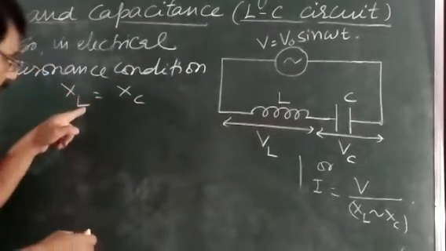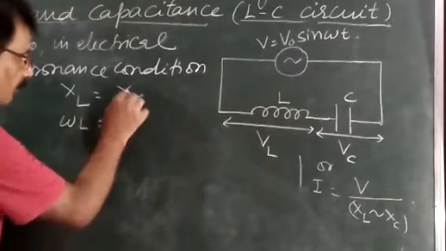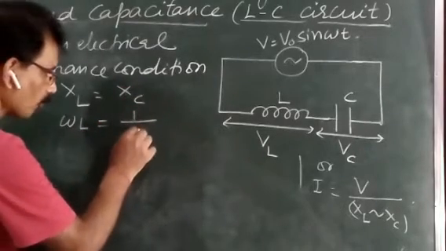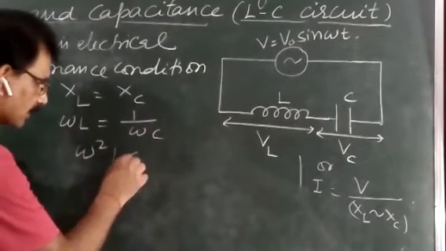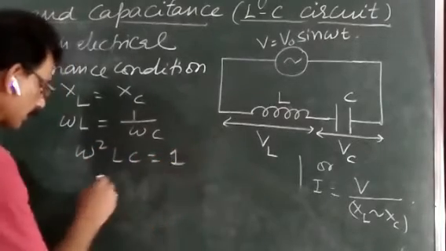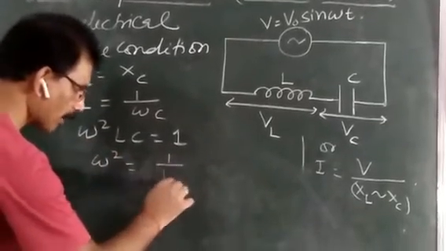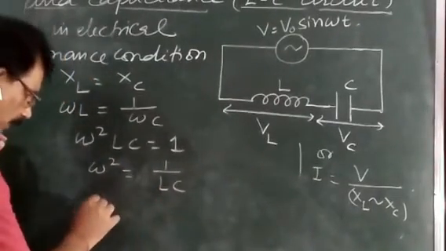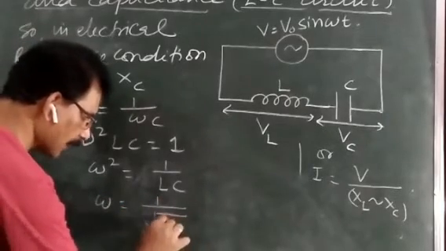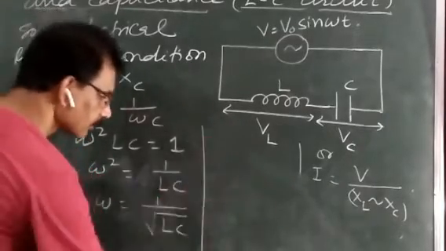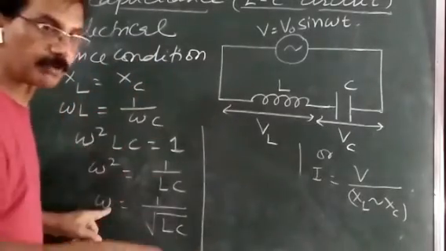And in place of XL you can write omega L, and in place of XC you can write 1 upon omega C. It means omega square LC is equal to 1, or omega square is equal to 1 upon LC, and omega is equal to 1 upon root LC. In place of omega in terms of frequency, what can you write?